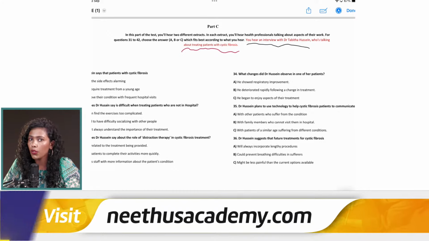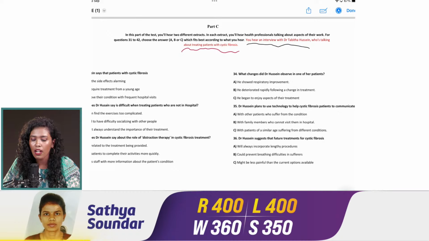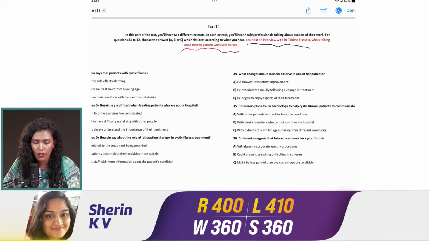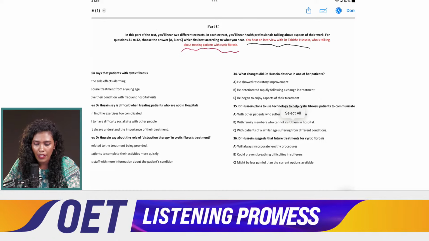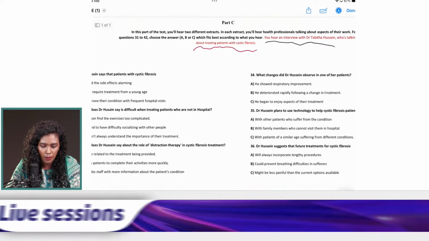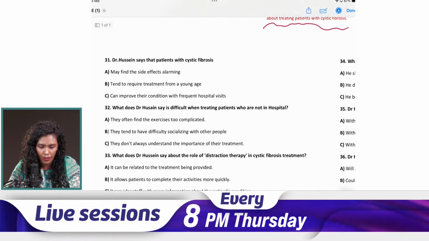As it is an interview, you can expect 2 persons having a conversation, and one is Tabitha Hussain, and they are specifically speaking about treating patients with cystic fibrosis.